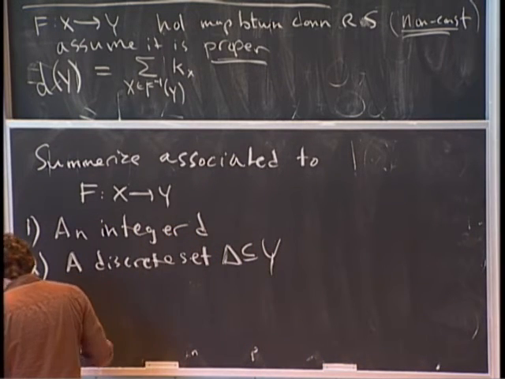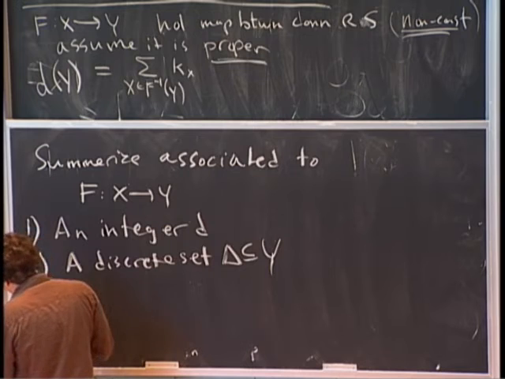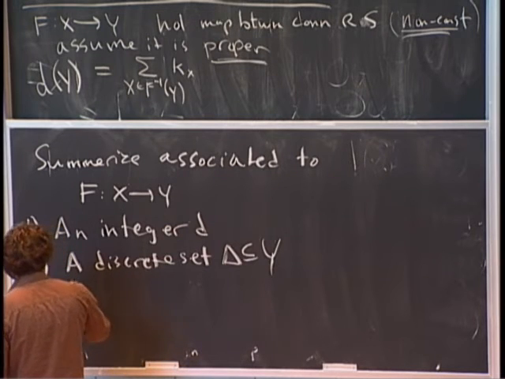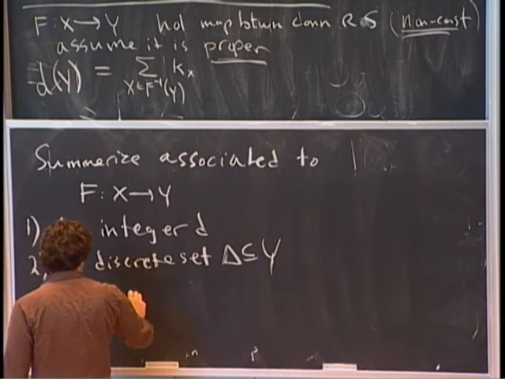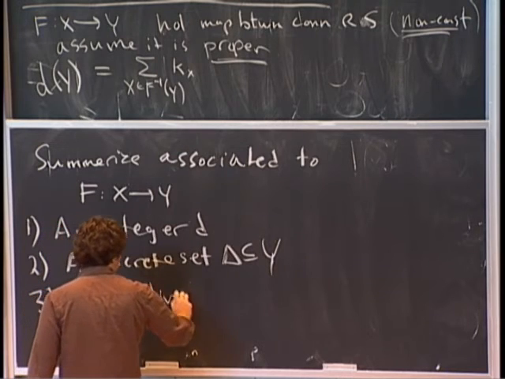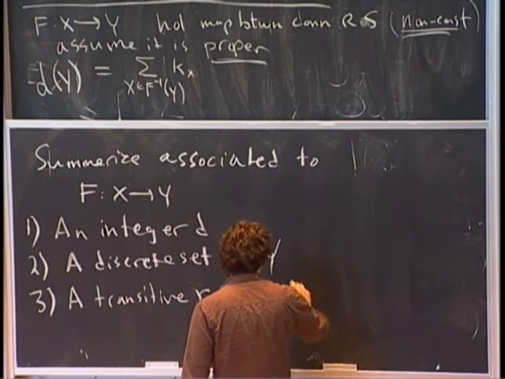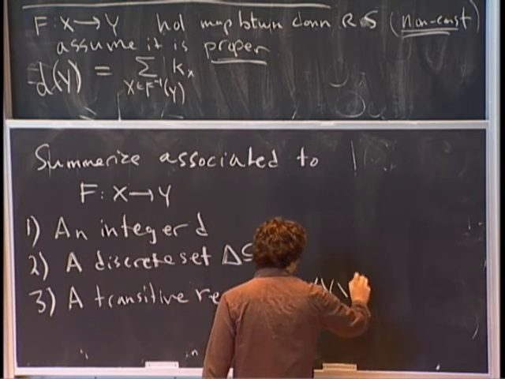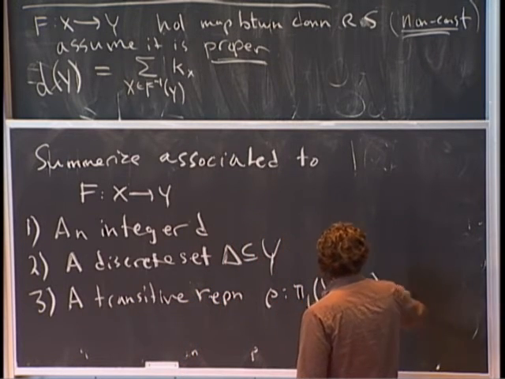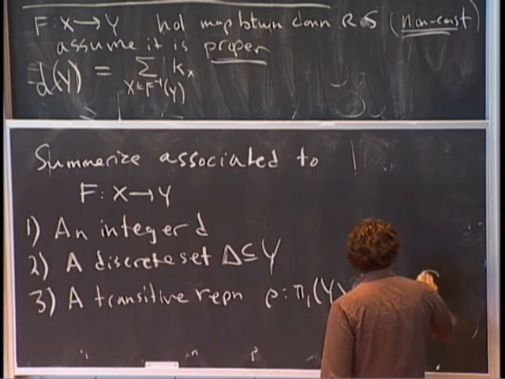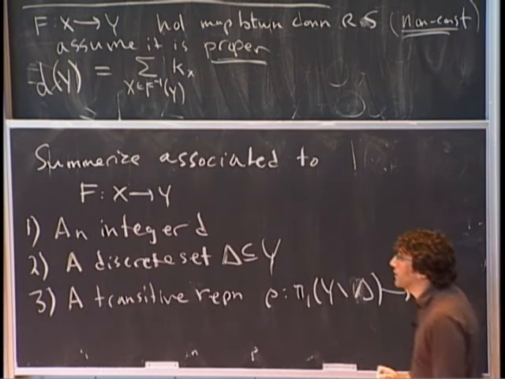And three, we get a transitive representation rho that takes the fundamental group of Y minus delta to the symmetric group on D letters. Okay?